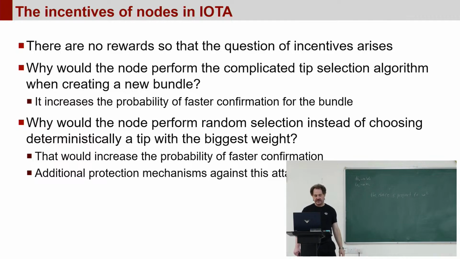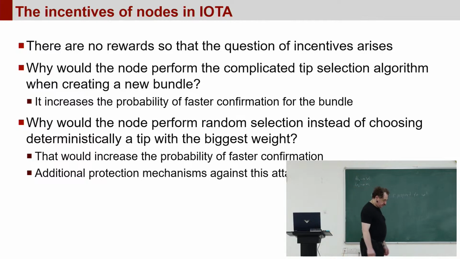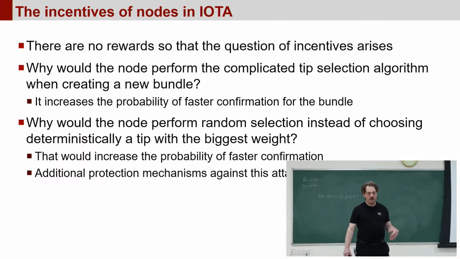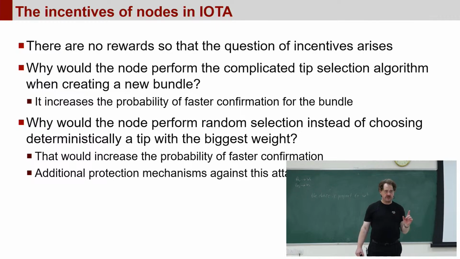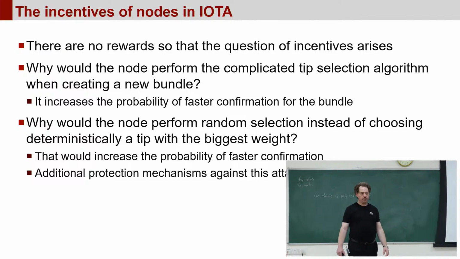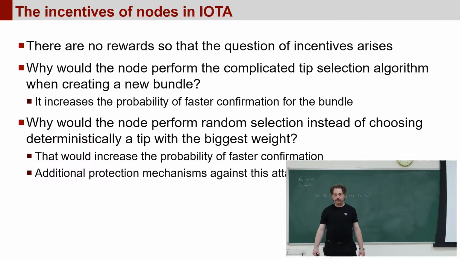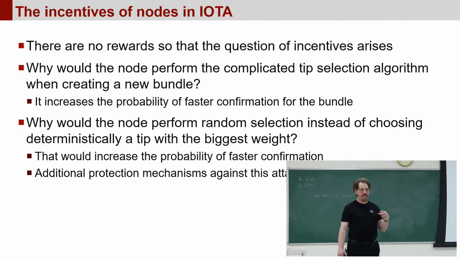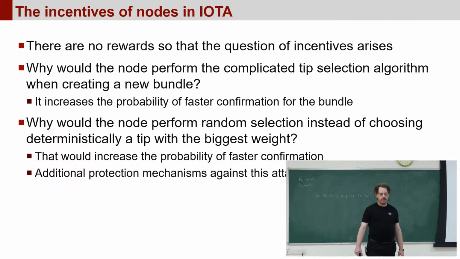So how does this incentive apply to different cases? What's the overhead? The overhead is to compute PoW, a short crypto-puzzle. The node would need to do that in order to get its own transaction confirmed. So the node would want to do that. The node would also need to execute this non-trivial, maybe computationally expensive, random walk algorithm.